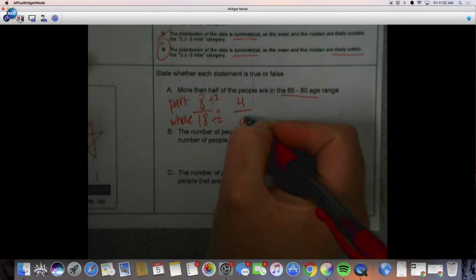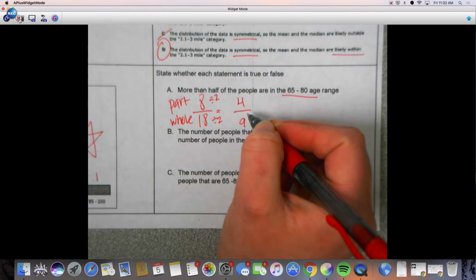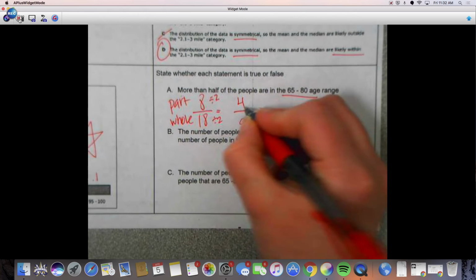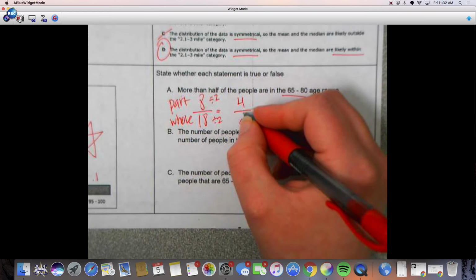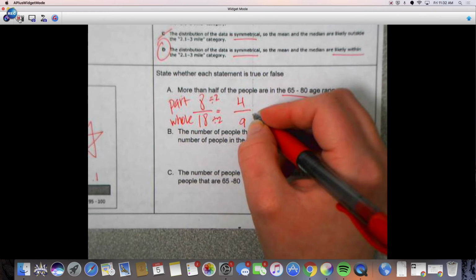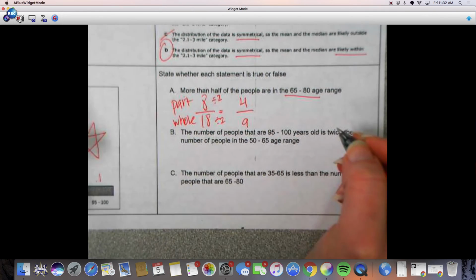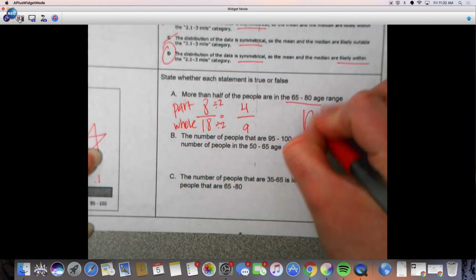Is 4 over 9 half? No. Is it more than half? No. It's less than half, right? 4 over 8 would be half. 4 over 9 is not, so we're going to say no, it's false.